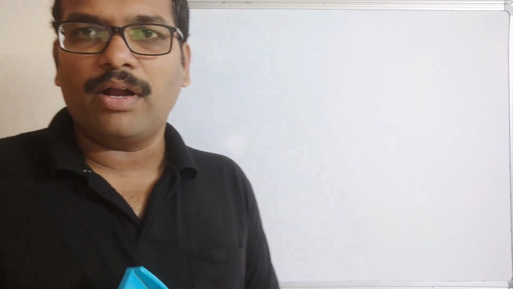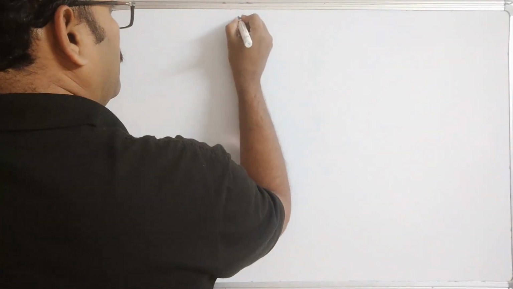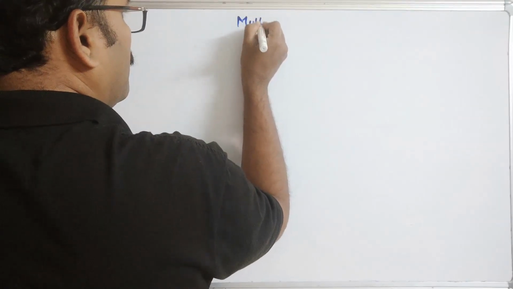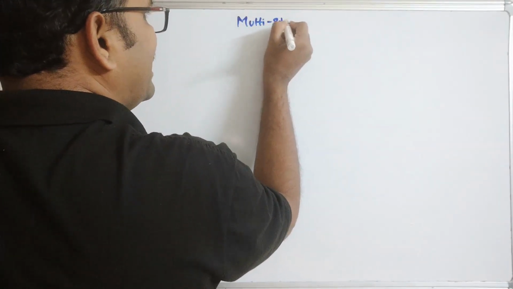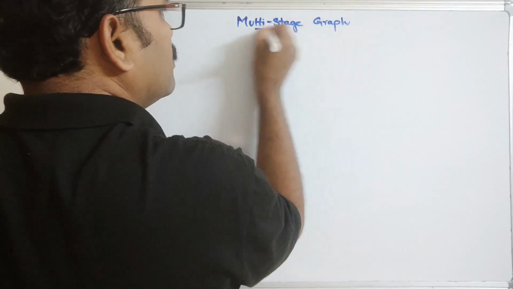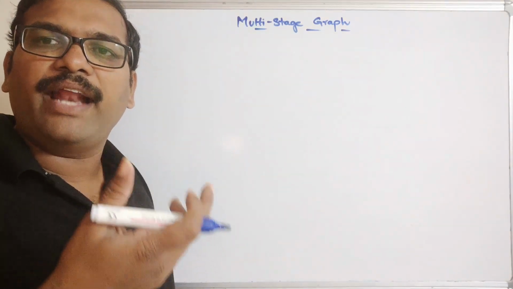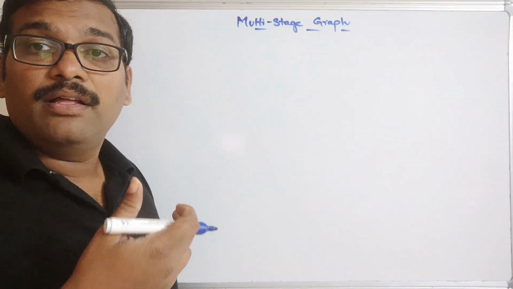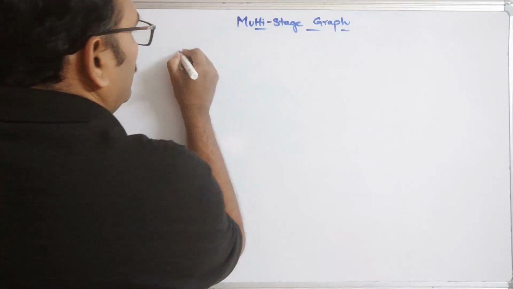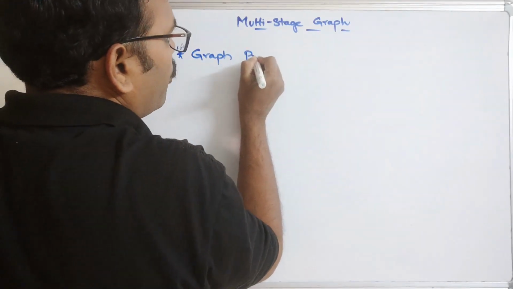So today we'll see one more problem in algorithms concept, that is the multi-stage graphs problem. The name itself indicates that this is a graph problem.